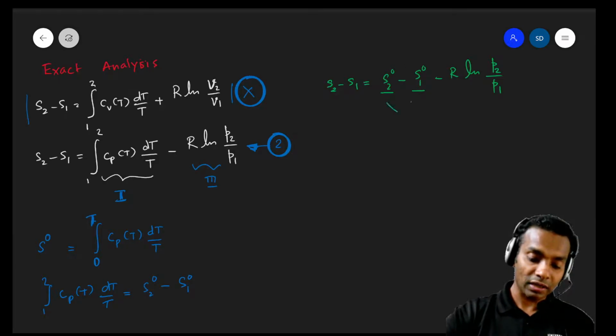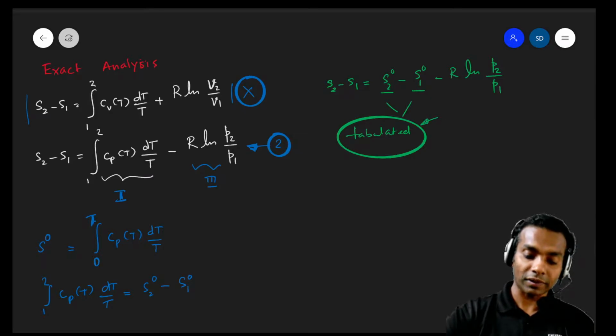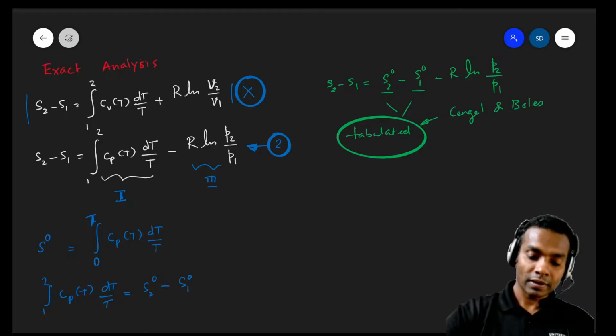These are tabulated. If you take a standard thermodynamics textbook like Cengel and Boles, they have them in Table A-17.